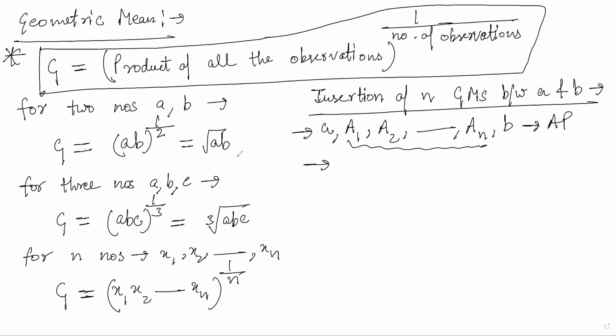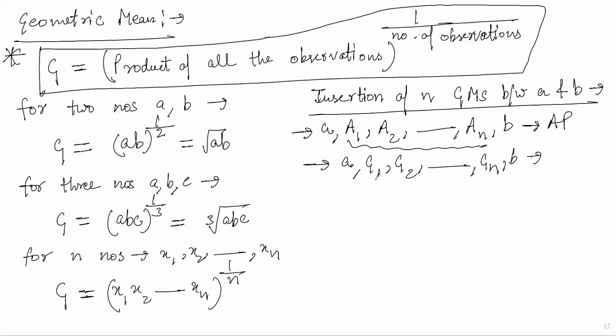Okay. The similar concept applies in GMs as well. So let's say you have to introduce n geometric means between these two numbers A and B. You can safely say that these n geometric means are denoted as G1, G2 up to Gn.